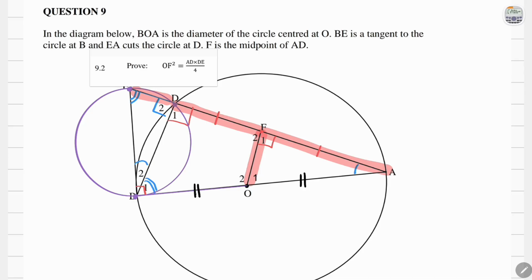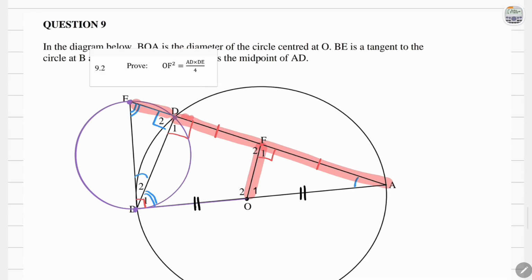So that's probably where they're getting that from. So really, the sides they're using are AD in that bigger triangle, FD in the smaller triangle, and they're also using BD. But they replaced it with OF because of the relationship between those two lines using the midpoint theorem.